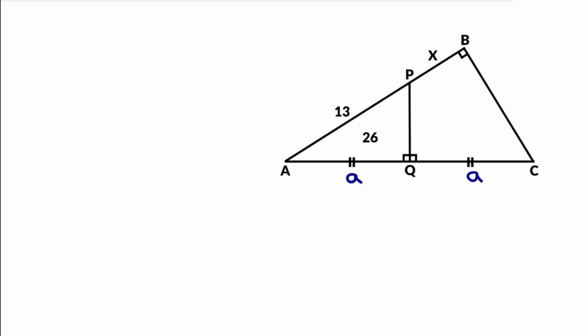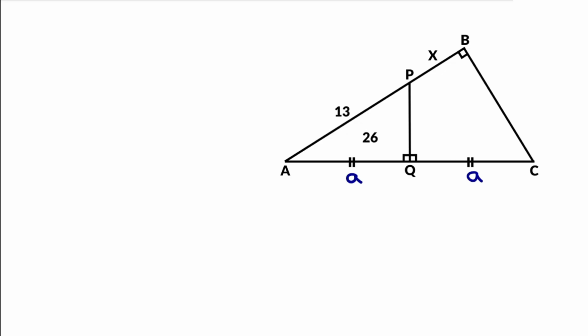Its hypotenuse, AP, is 13, and its area is exactly 26. Our goal is to find the remaining top segment, PB. We'll call that length X.